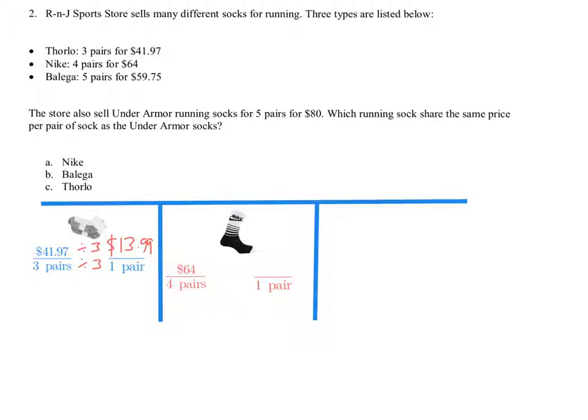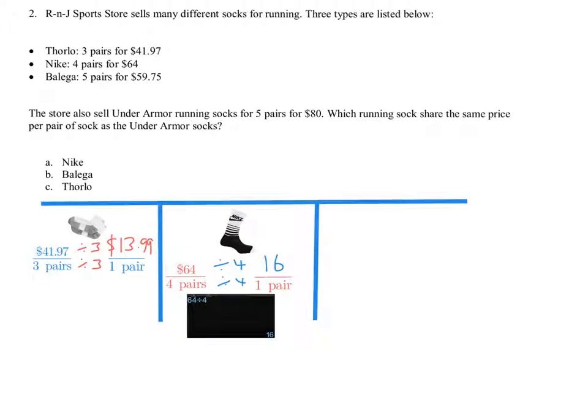Then I have to divide the top by 4 as well. Divide the bottom by 4, divide the top by 4. And let's just do this in the calculator just to make sure. So we have 64 divided by 4, and that gives us 16.